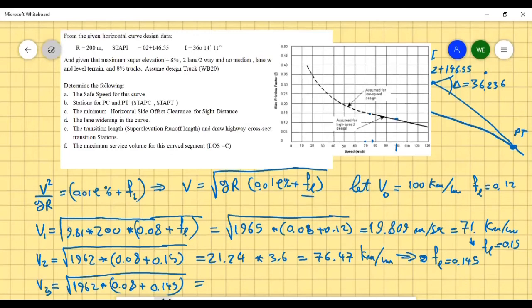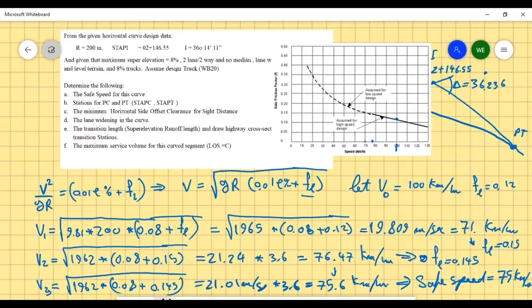That's going to be 21.01 meters per second multiply 3.6. So we will have 75.6 kilometers per hour. As you can see now, it's converging. So we can say that the safe speed equals 75 kilometers per hour, and we stop here.